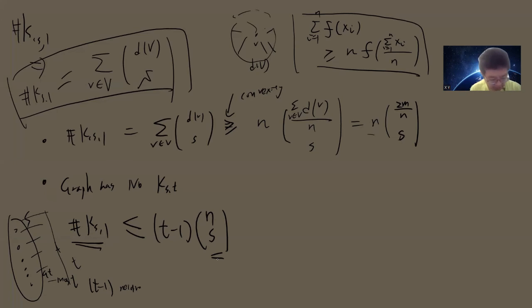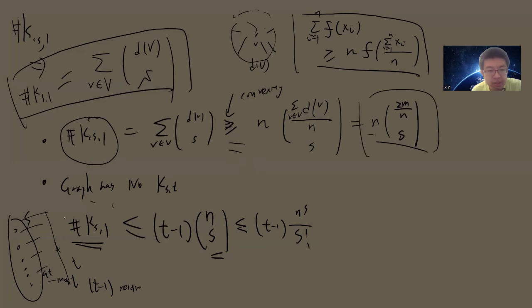So now, trivially, this is less or equal to t minus 1 times n choose s. So what we have is that the count of K_{s,1} is greater or equal to something, and also less or equal to something. It means this quantity is greater or equal to that one.